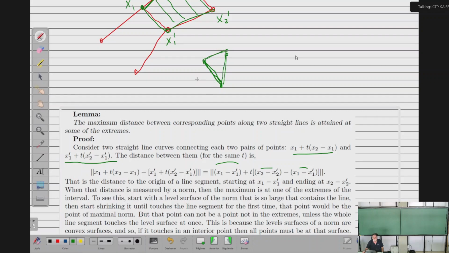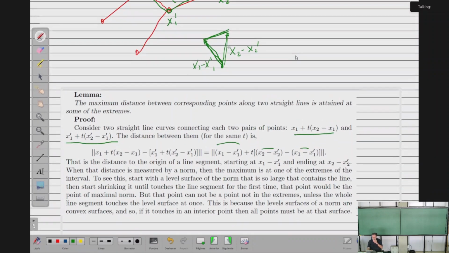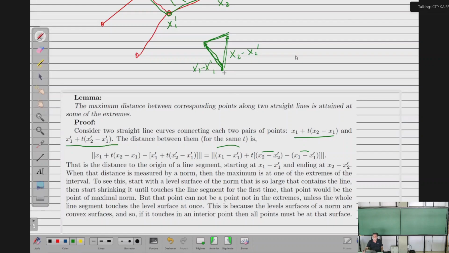So this is x1 minus x1 prime, and this is x2 minus x2 prime. So we are looking at this vector and this distance when you move here. So we are looking at the distance between this point and this.